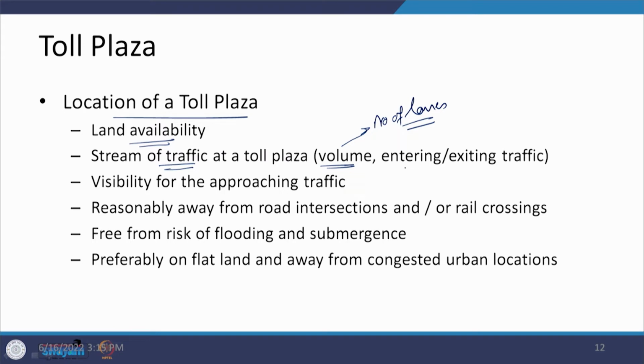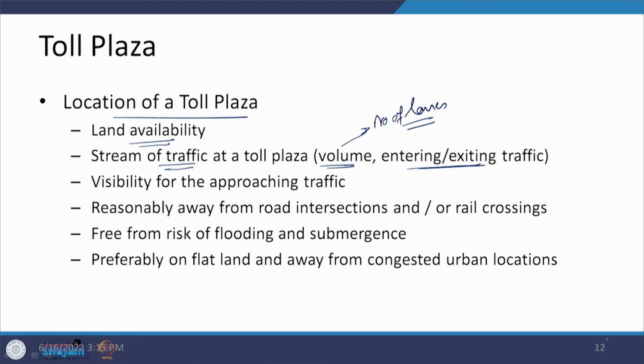Entry and exiting traffic also needs to be looked at. So, what are those locations where these entries or exits are going to be, and whether they are the locations where the toll plaza should be provided. Visibility is another aspect, that it should have a clear view from a long distance, so that the driver knows that we are approaching the toll plaza.